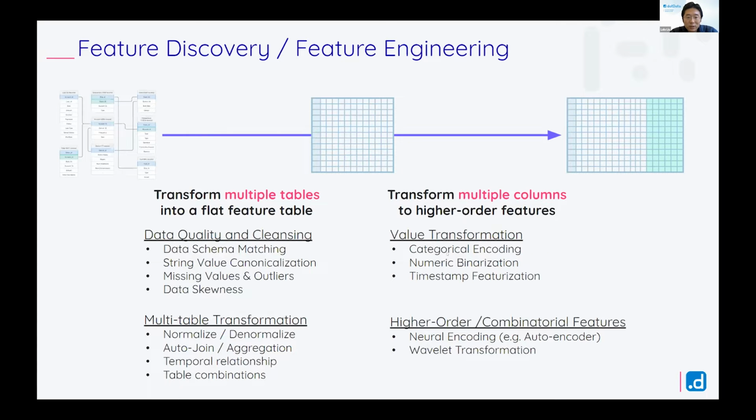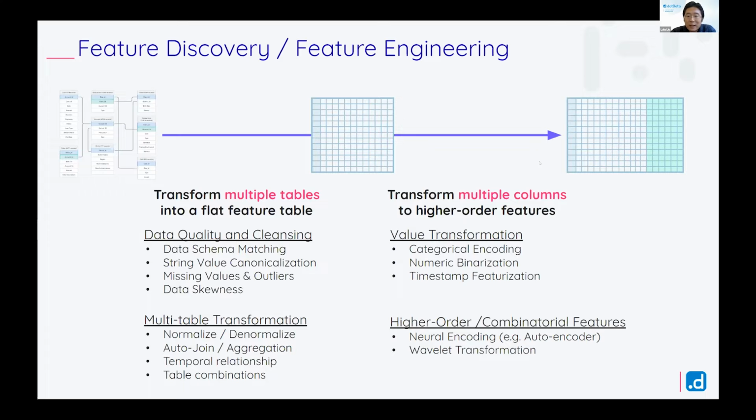So what is involved here is, there would be some basic cleansing. For the multi-table transformation, we have the auto joins and aggregations, which account for temporal relationships among the different tables and columns. Of course, the usual encoding stuff and some more sophisticated neural encoding and wavelet transformation on temporal data sets.